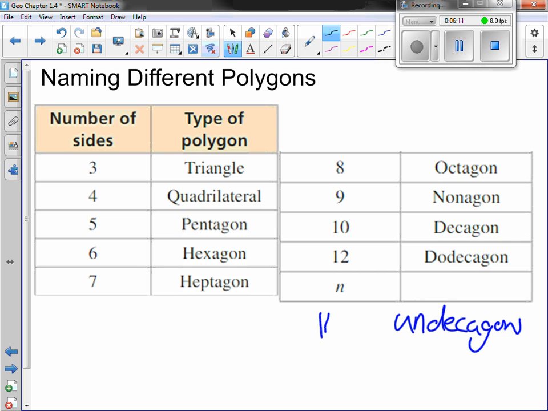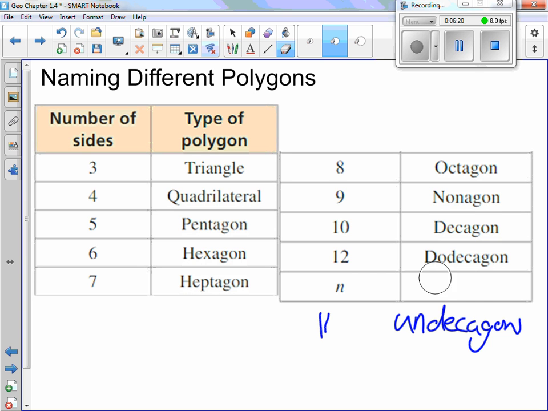Undecagon is 11. And for any n sides, really greater than 12, we call it an n-gon, n just being the number of sides. So 13 would be a 13-gon, because you'd write 13 dash gon. Just whatever it is, gon.